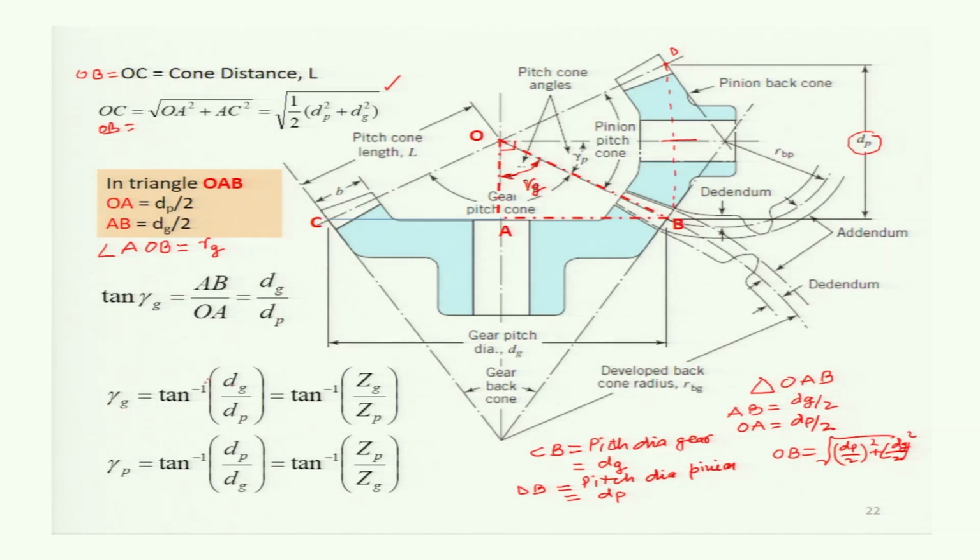So gamma G is tan inverse DG divided by DP, or in terms of module, tan inverse ZG, the number of teeth on the gear, divided by the number of teeth on the pinion. Similarly, by taking triangle OBE, we can find the pitch angle for the pinion, gamma P, which is this angle. Gamma P is tan inverse of the pitch diameter of the pinion divided by the pitch diameter of the gear, or tan inverse of the number of teeth on the pinion divided by the number of teeth on the gear.